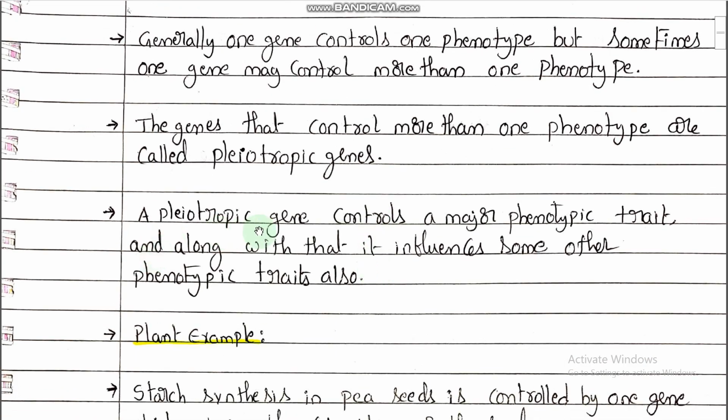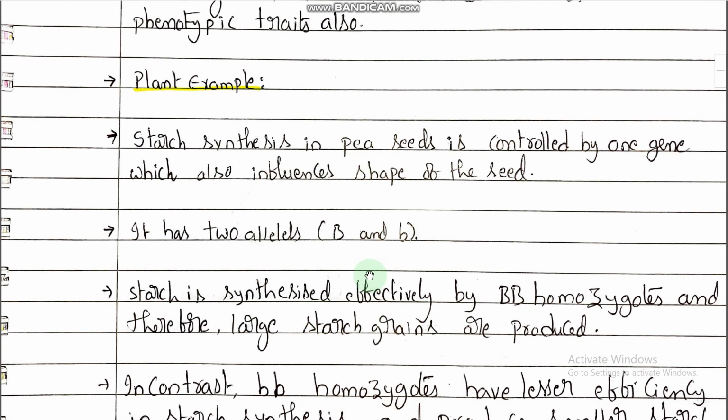A pleiotropic gene controls a major phenotypic trait, and along with that it influences some other phenotypic trait also. The gene has two responsibilities. What is the best example for pleiotropy?